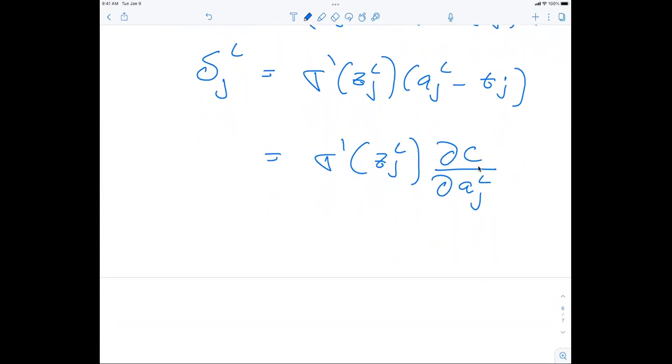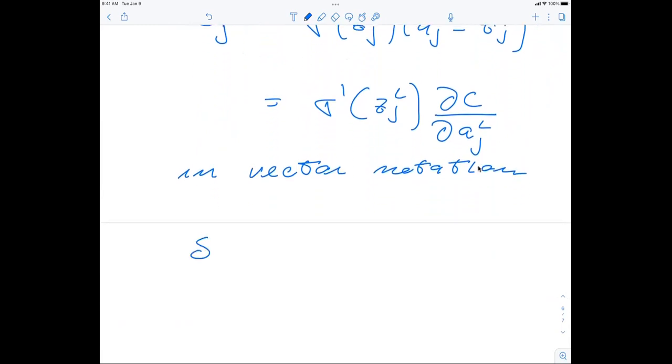Just keep in mind that when we rewrite it in vector notation, we have a delta of L, and we skip the subscript j, and we have the derivative with respect to L. But now, since this is a multiplication between two scalars, we write this as a Hadamard multiplication, which means that we multiply component by component.